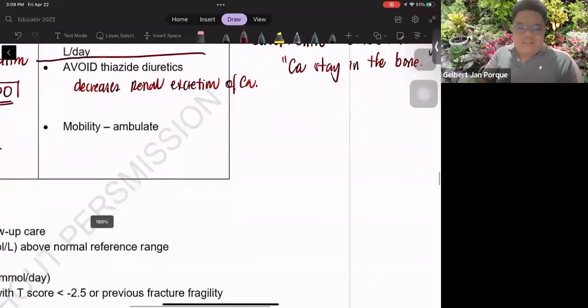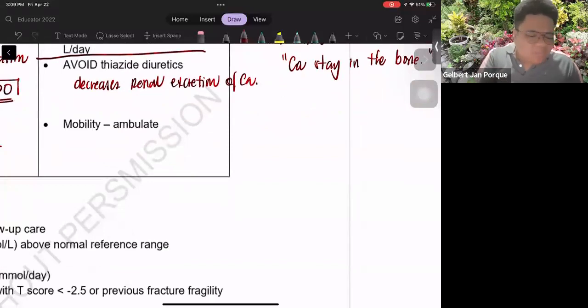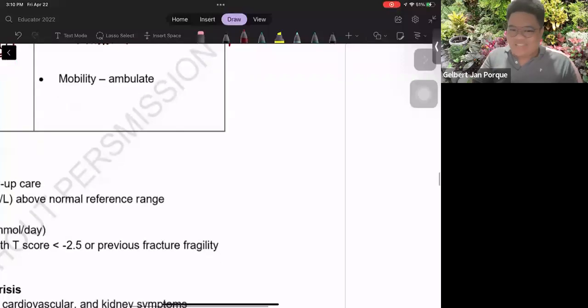Now, ambulation. Ano class ang effects ng ambulation sa bone naton? What does ambulation, what does movement, what does exercise do to our bones? Very good, class. It would move your serum calcium to your bone. Okay, promote storage of calcium, that's very good.